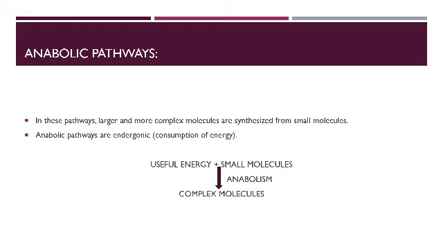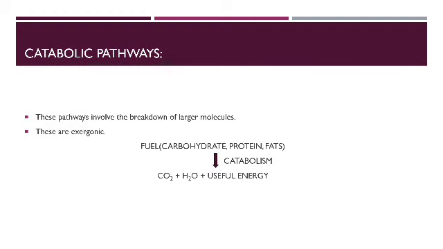larger molecules from small molecules, and they are endergonic, means they consume energy, as I have told earlier, and the whole process is known as anabolism. Now the catabolic pathway involves the breakdown of larger molecules into smaller molecules, and they release energy in the process.